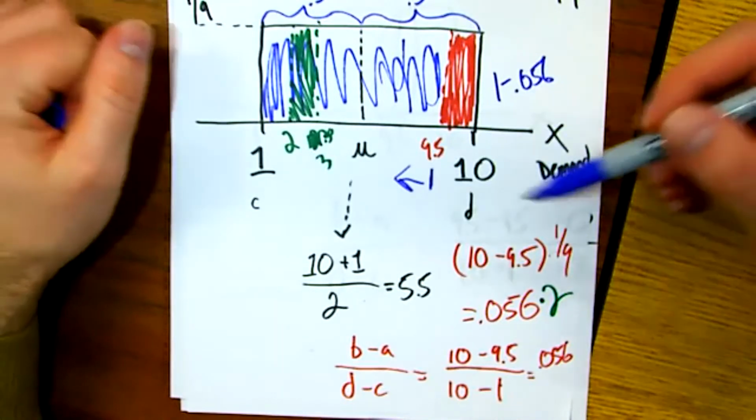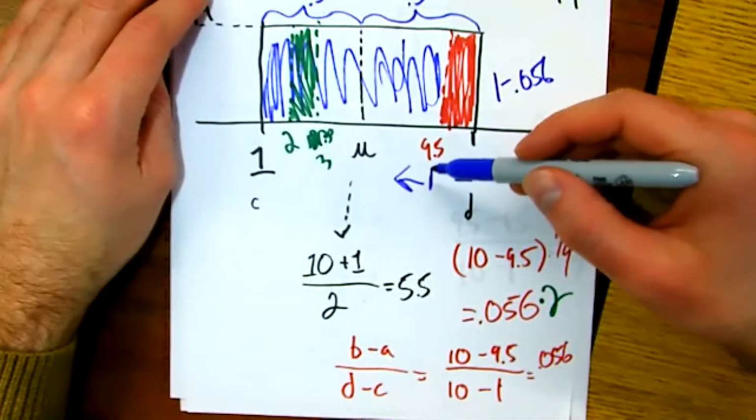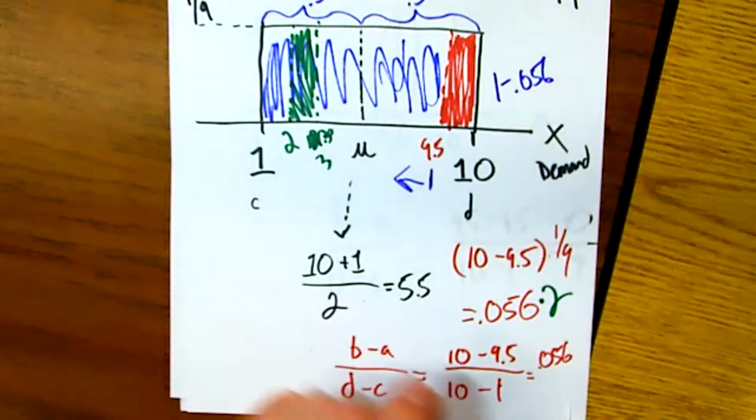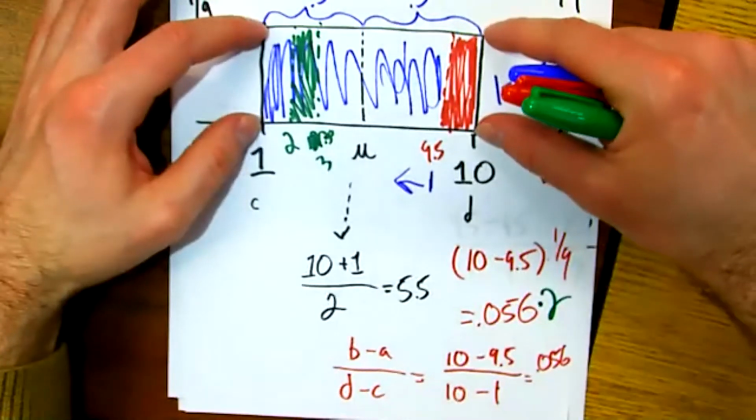Now, if I'd asked you that and you didn't have any previous work done, what do you know about the probability that demand was 9.5 or lower? What did it have to be greater than? Not just 0. It can't be greater than 1, because the area of this entire rectangle is 1.